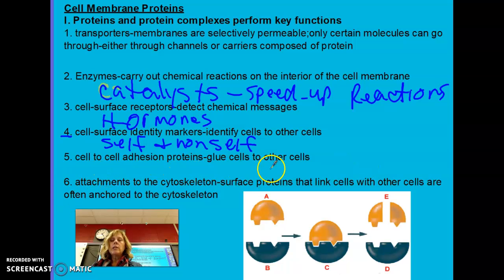Cell-to-cell adhesion proteins. We talked about how if you look at tissues, in that whole matrix, those cells are all connected to each other. Some of those proteins simply connect to other proteins on adjacent cells to hold that mass of cells together. And I know we mentioned this when we talked about cell communication, attachment to the cytoskeleton. Remember the cytoskeleton?